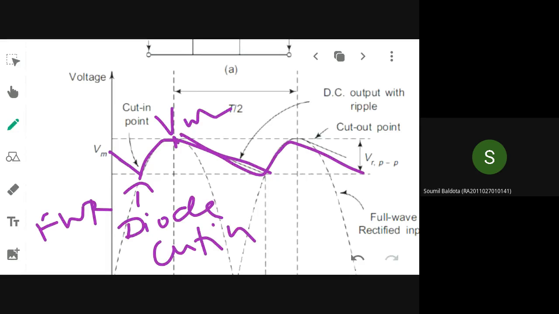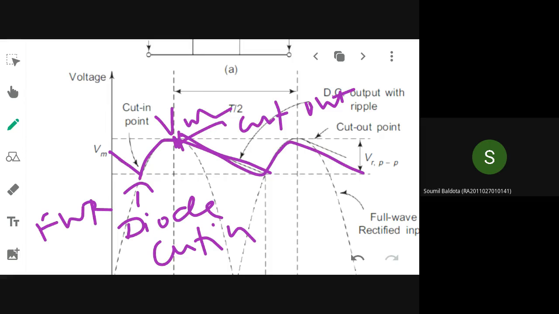The amount of time that the capacitor is holding that charge will be equivalent to the diode conduction period. At this point the diode is said to be cut out. Once the diode is cut out, the capacitor will start to discharge very slowly.